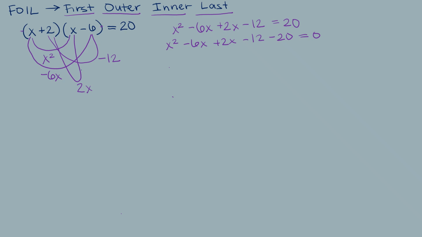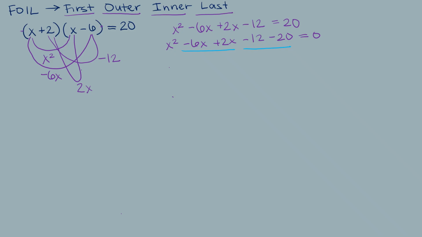So now you just have what are called like terms, where they have the same variables attached, or the same setup. Like the negative 6x and the 2x, they both only have a singular x with a coefficient in front, whereas this x squared is different.